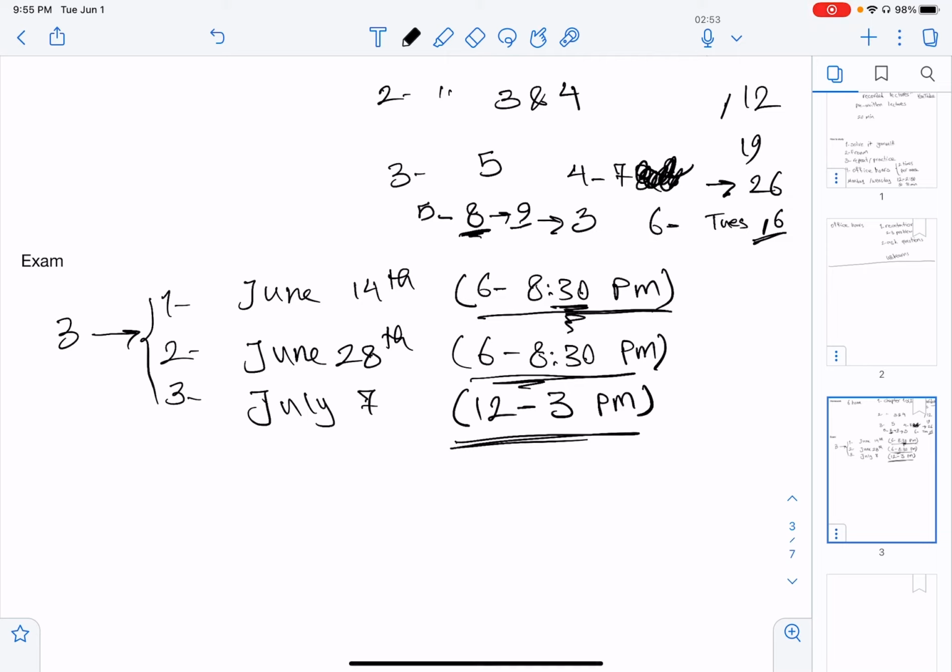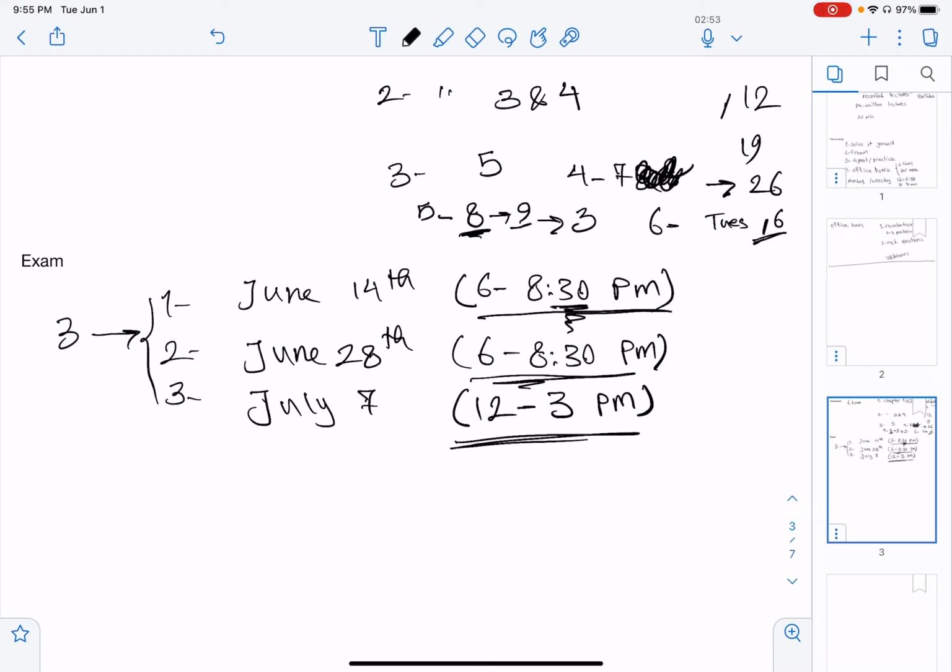If you have any problem taking the exam on that day, you need to inform me sooner and earlier, and we need to discuss what the problem is that you cannot take the exam at that time. If it is reasonable, we can find a solution for that.